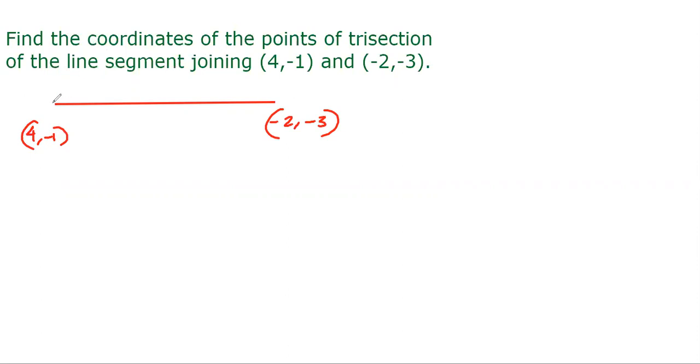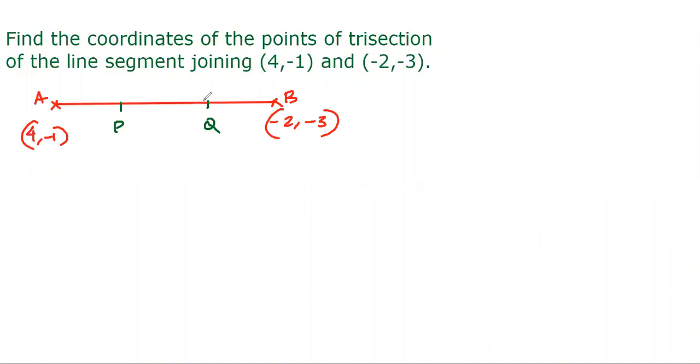What is meant by trisection? Trisection means into 3 equal parts. So we are dividing this line AB into 3 equal parts. Let it be the first part, the second part, and this is the third part. We can name these points P and Q. So AP is the first part, PQ is the second part, and QB is the third part.